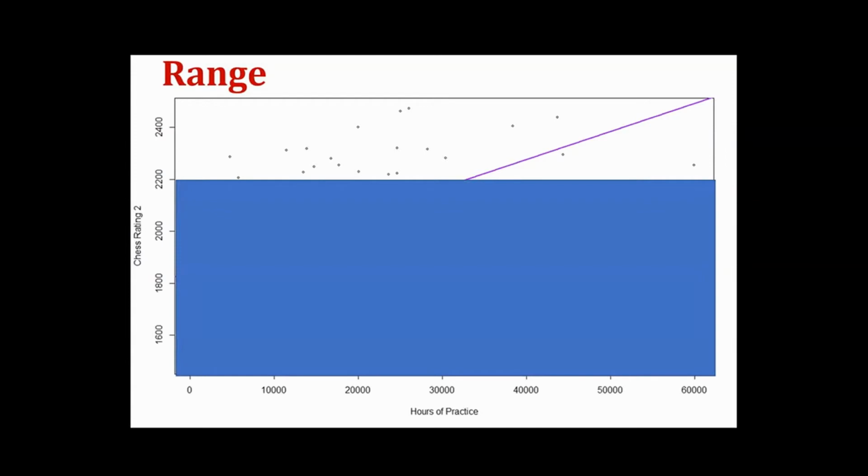So we ignore the participants with less than 2,200 points of ranking, and we only consider the ones on top of that value. Now, when we consider those participants, the correlation almost disappears.